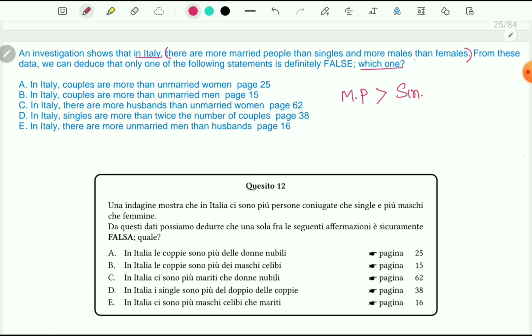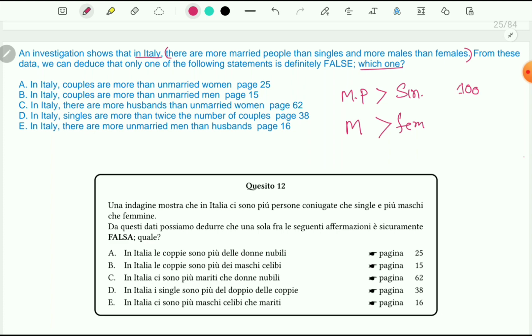And more males than females. So males are greater than females. Okay, let's consider a situation. For example, let's say the total population is 100.